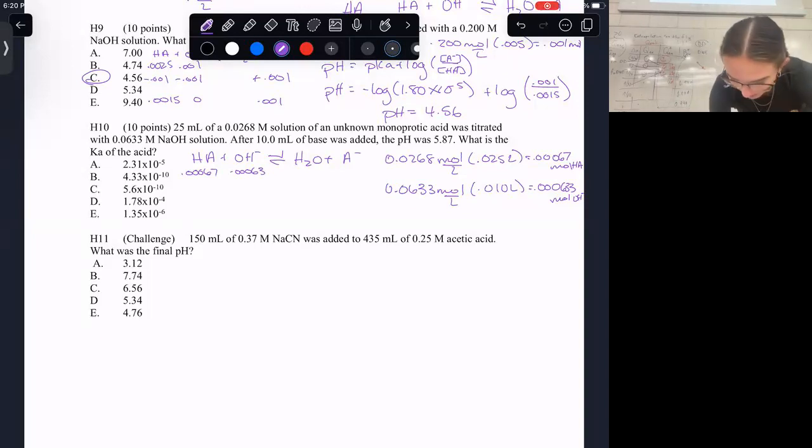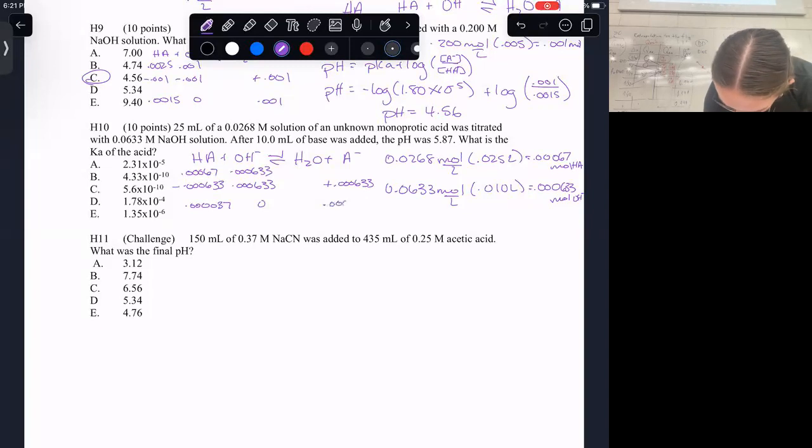OH is our limiting reagent, so we have this many moles at equilibrium.